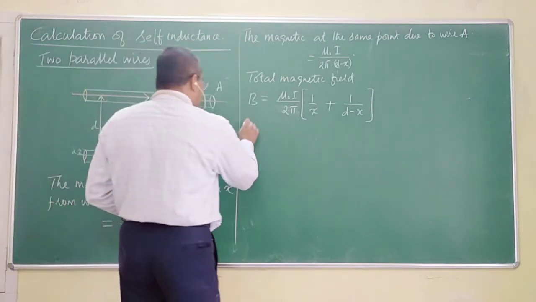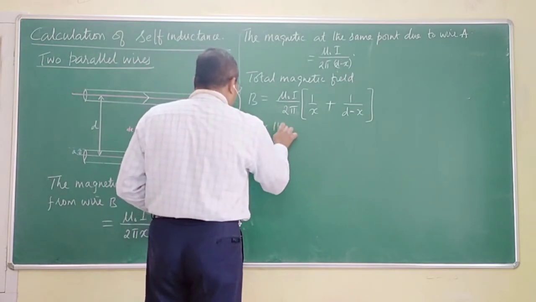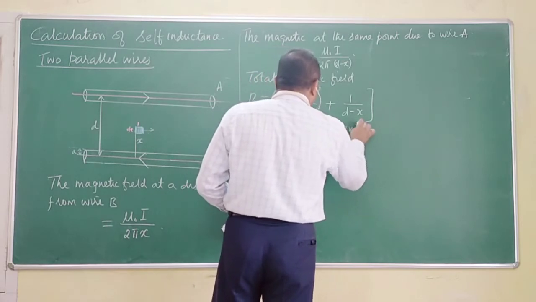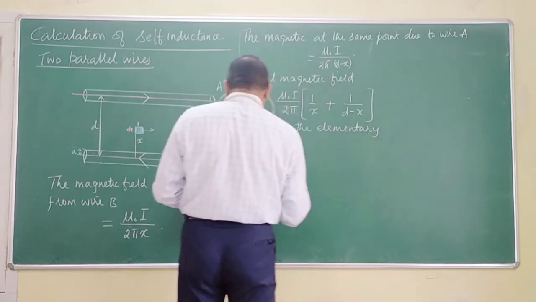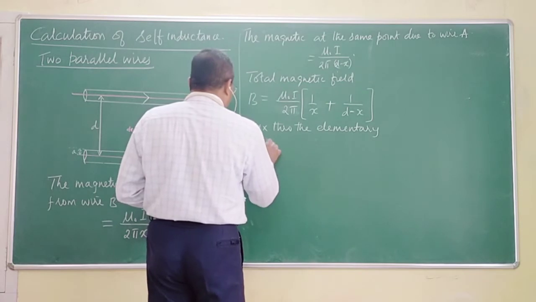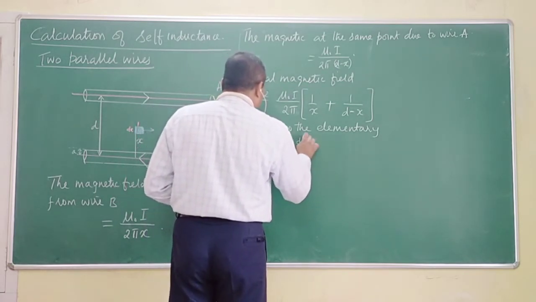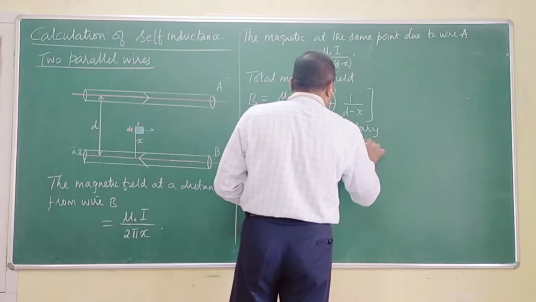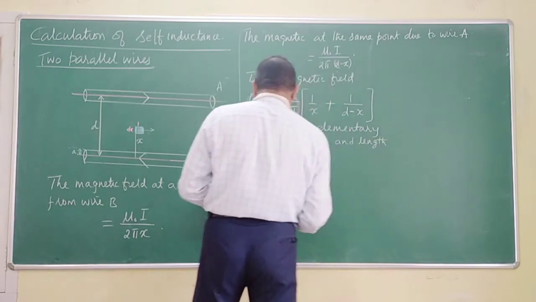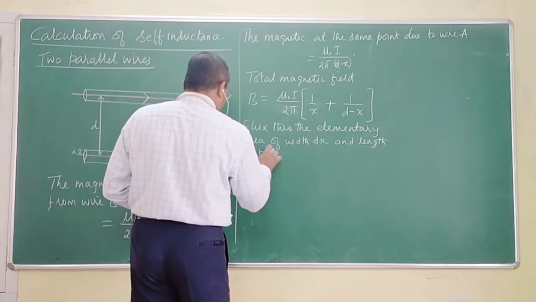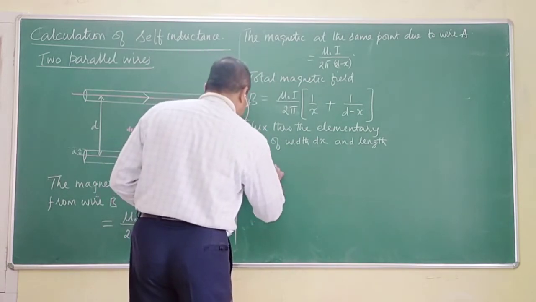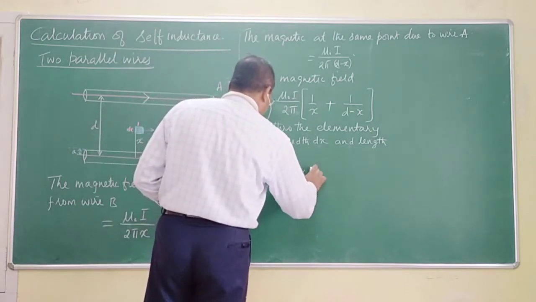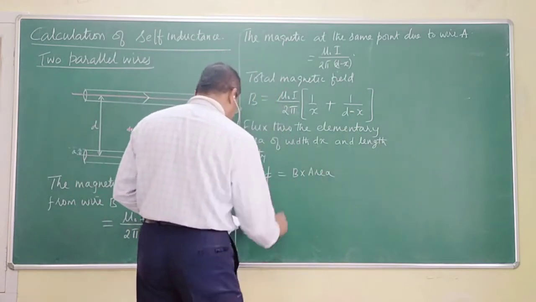Then we will write flux through the elementary area of width dx and length unity. This I will write as d phi. Flux I know is magnetic field into area.